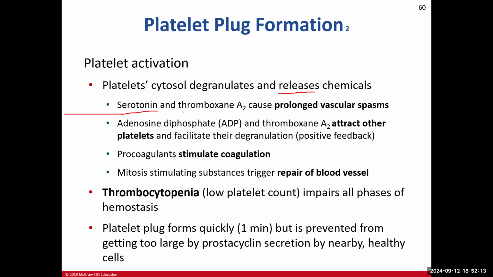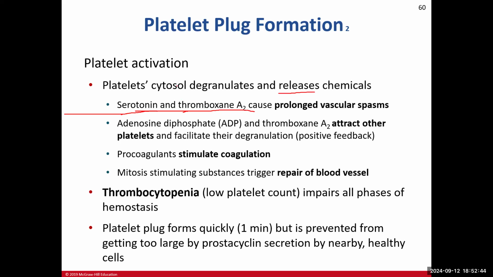The platelets release serotonin and thromboxane A2. Thromboxane A2 is another eicosanoid, another locally acting hormone. Through the positive feedback mechanism, it will continue to propagate vascular spasm. Vascular spasm will continue to keep vasoconstriction in place so we can reduce blood flow to that area.